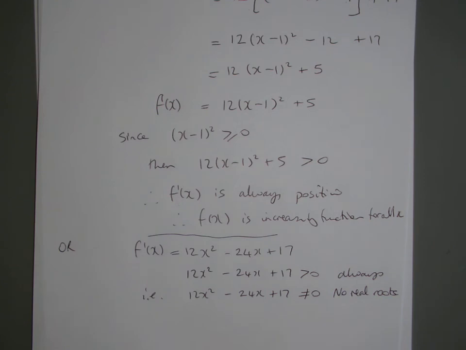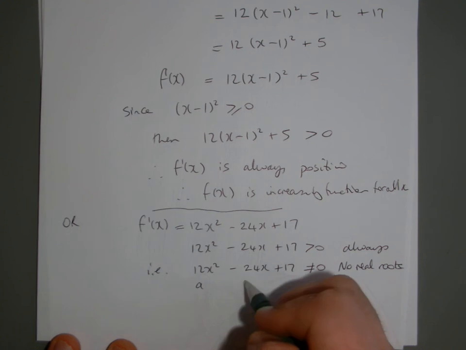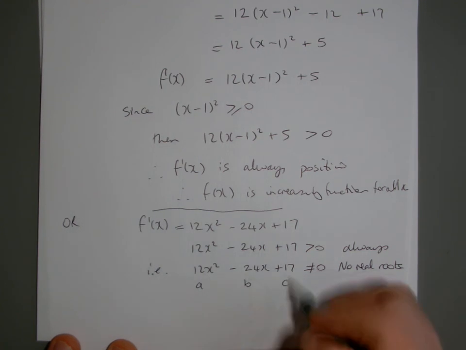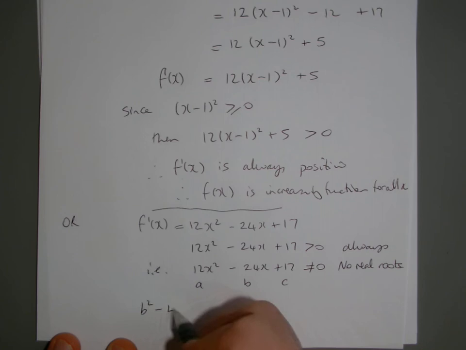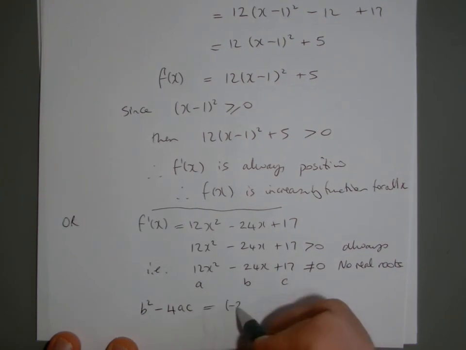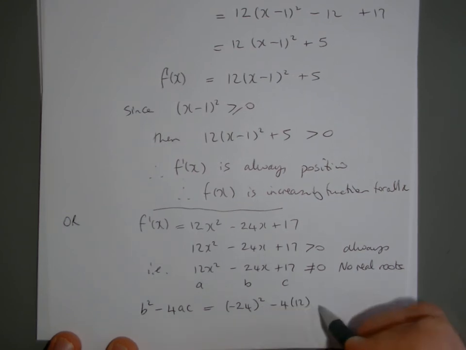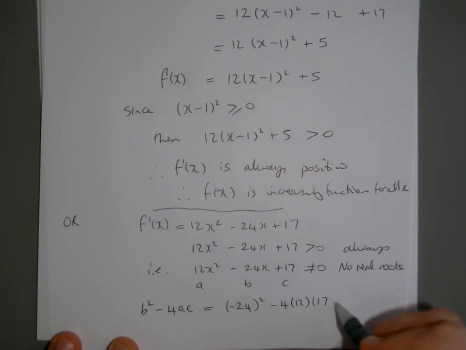There's no real roots. So if you remember the discriminant, the a is equal to that number there, the b is equal to that number there, and the c is equal to that number there. So the discriminant, b squared minus 4ac, so it'll be minus 24 all squared, minus 4 times 12 times c, which is 17.